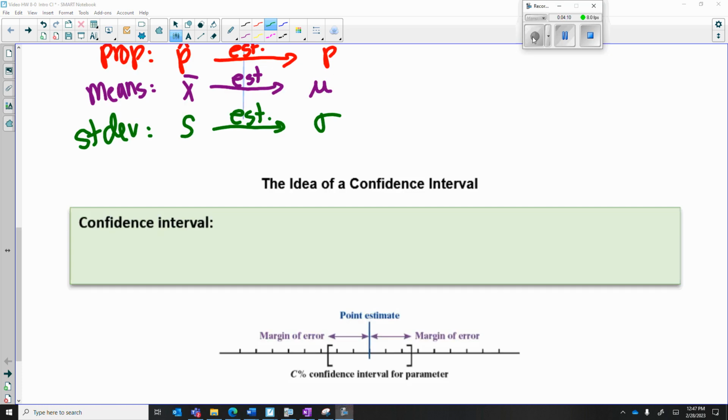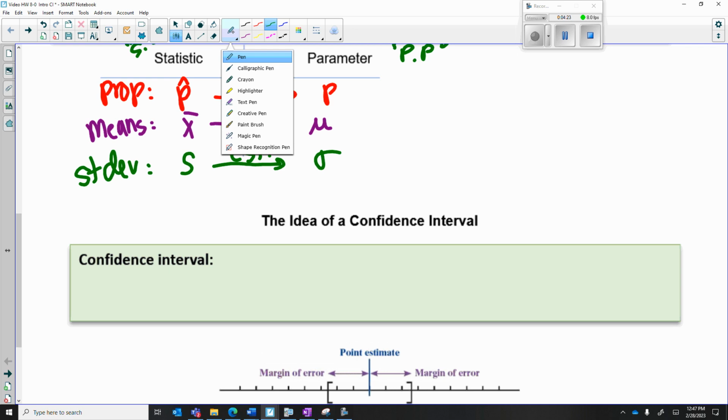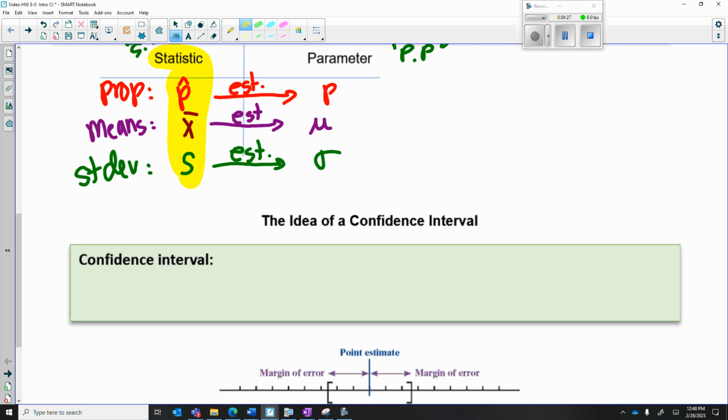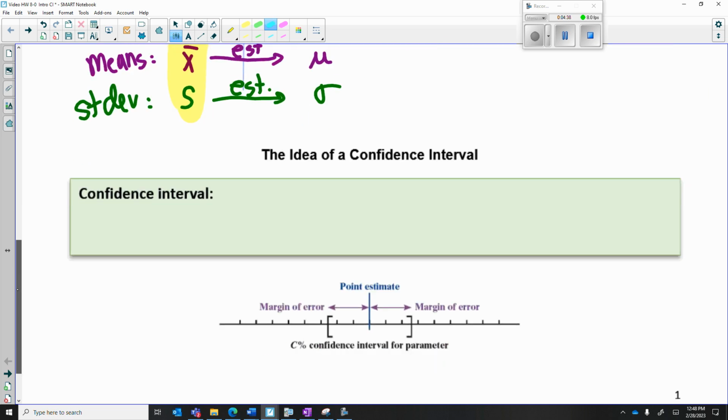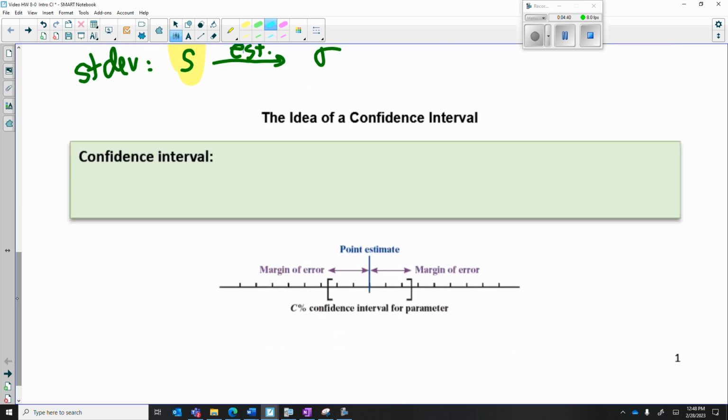So now down below, we have the idea of the confidence interval. So this is one of the main things we're going to be doing from now on. It's a method of inference. So basically what we're going to do is we're going to take our sample statistic, which is in this column here on the left, let's say p hat or x bar, and what we're going to do is create an interval around it. And the interval around it is going to hopefully capture the true value of the true parameter. Okay, so this is called a confidence interval.